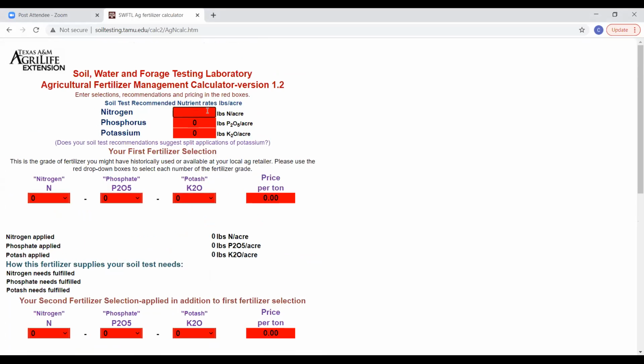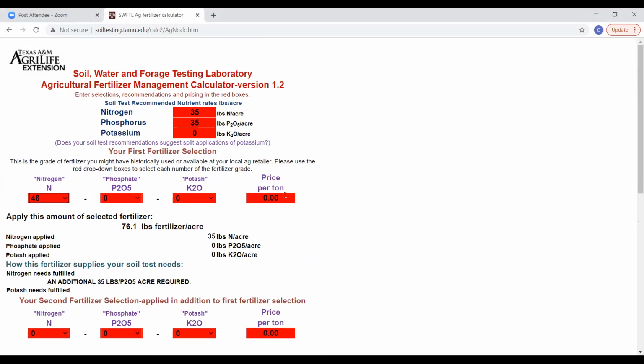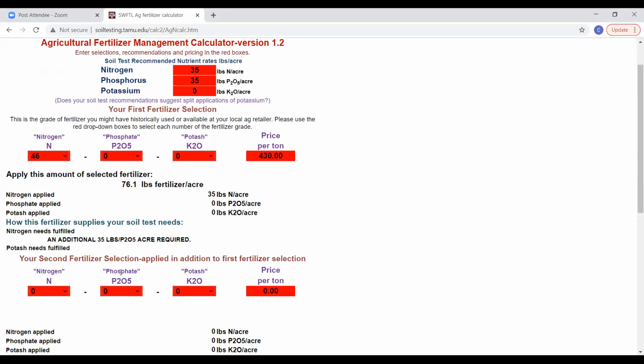So this particular soil test calls for 35 pounds of nitrogen, 35 pounds of phosphorus, and 0 pounds of potash. So we're going back. We're using the same fertilizer dealer, 46 pounds to the acre. We're using urea, so 46-0-0, at $430 per ton.